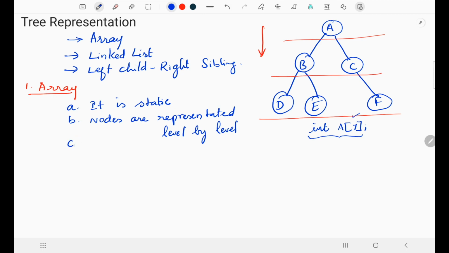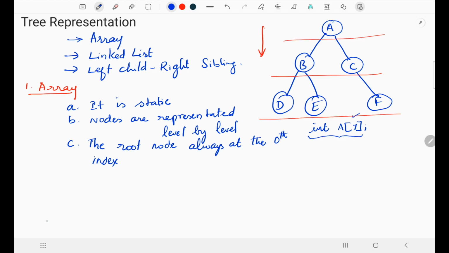Now the third point is the root node. The root node is always at the 0th index.